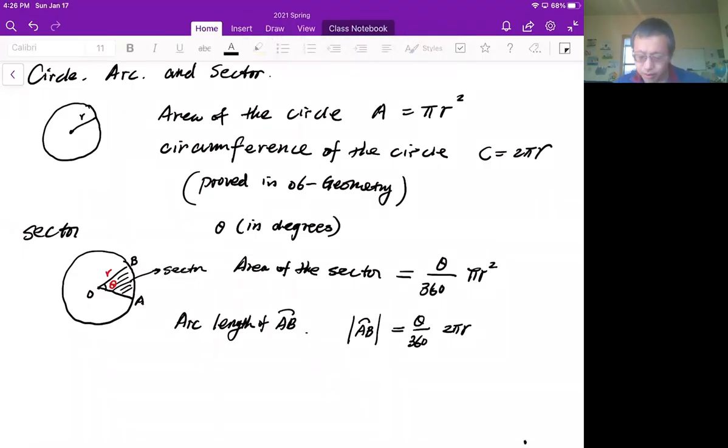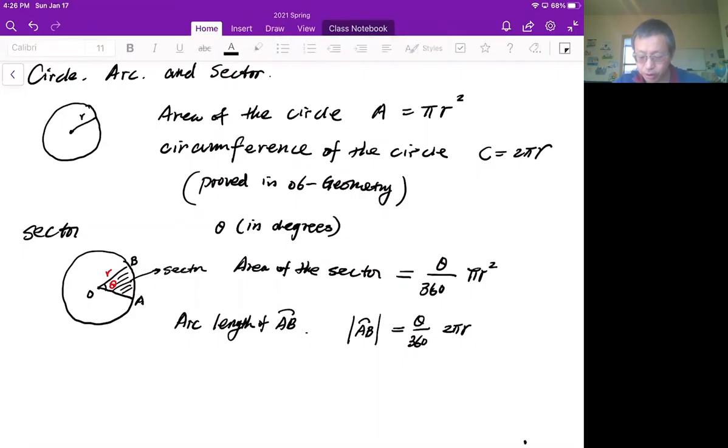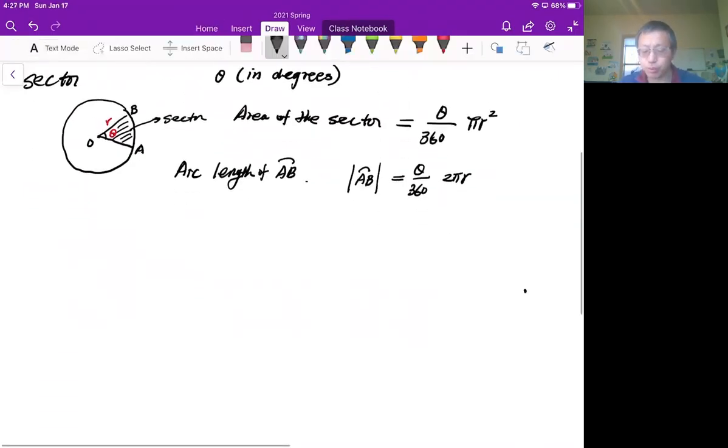In mathematics, not just geometry, when we measure an angle, there are 2 different measure systems, 2 different ways to measure an angle. I'm going to show you. The first one, we are all familiar with. It's the degree measure.